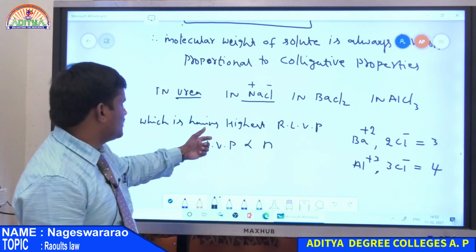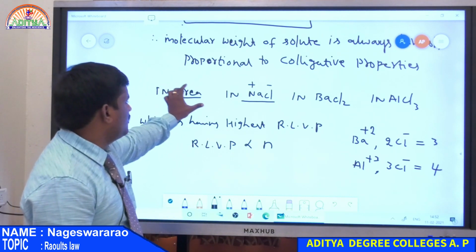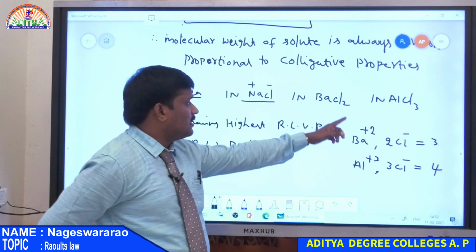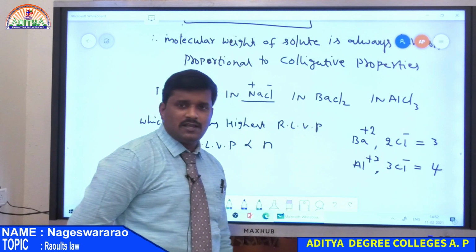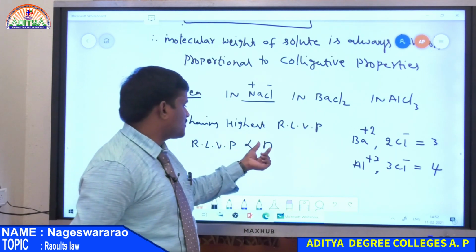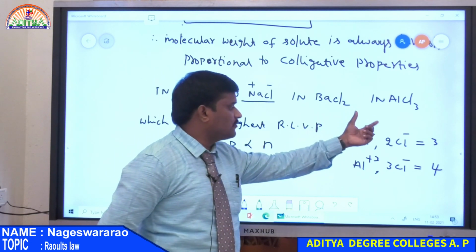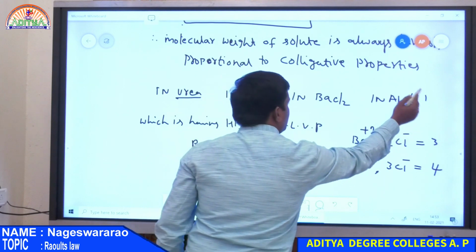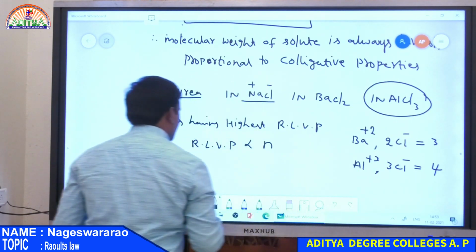Therefore, in our example, we have only 1 mole, here 2 moles, 3 moles as well as 4 moles. So in the case of AlCl3, the number of moles increases. Therefore, RLVP is directly proportional to n, and here it is equal to 4 moles. Therefore, it is having the highest relative lowering of vapor pressure.